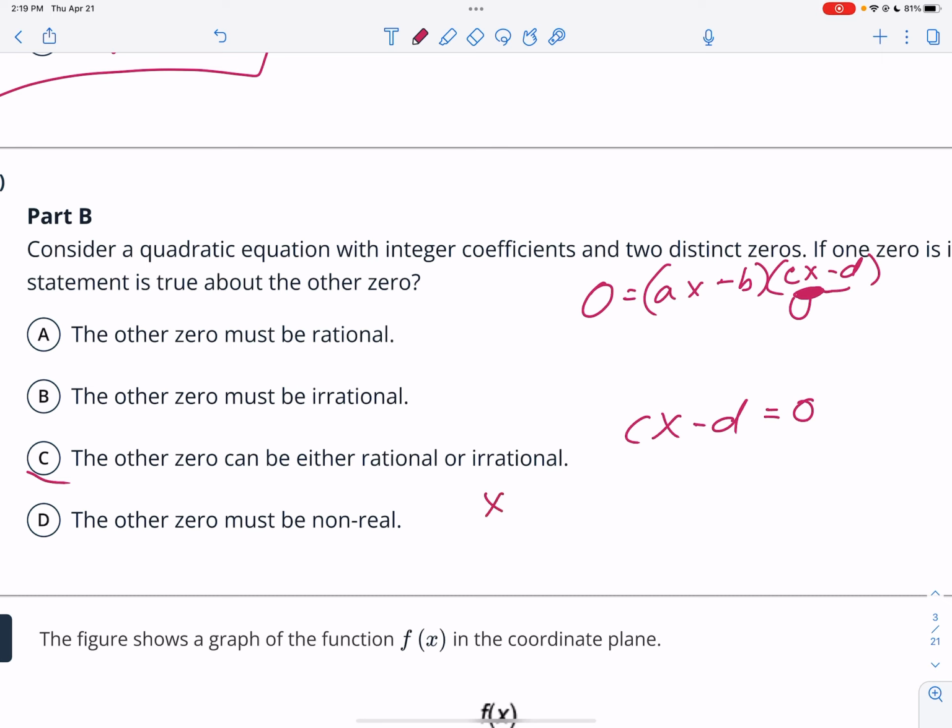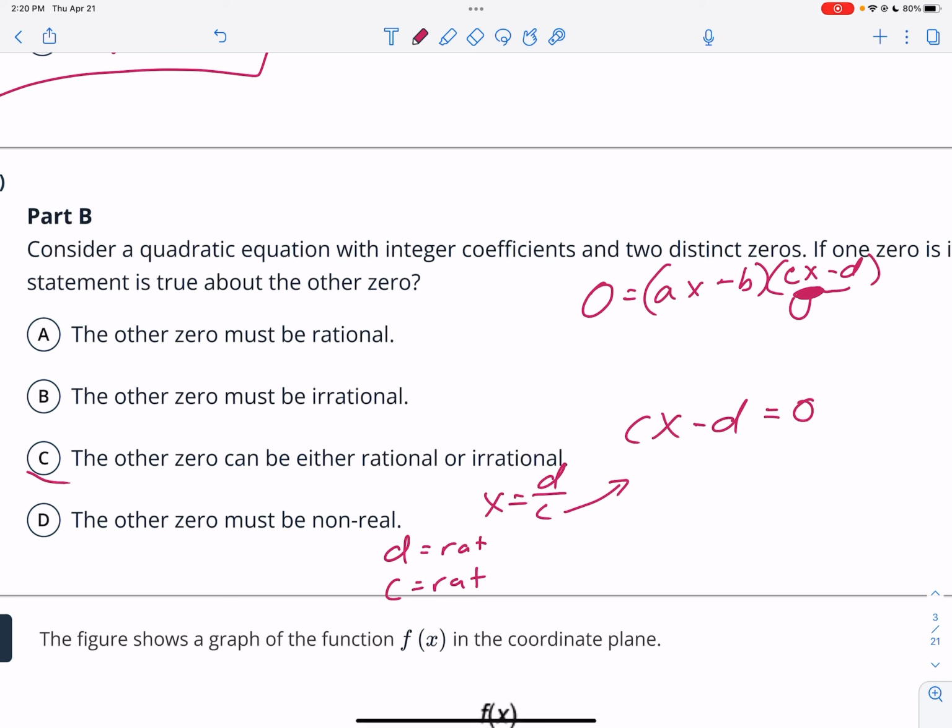Imagine a circumstance where, no matter what the letters are, x is d over c. If I plug that in right there, and I say that d is rational, c is an integer, so it is rational, so this is a rational number, just to show you that.